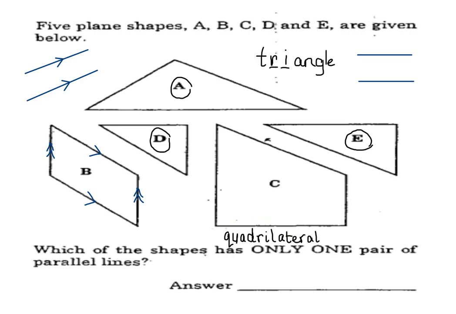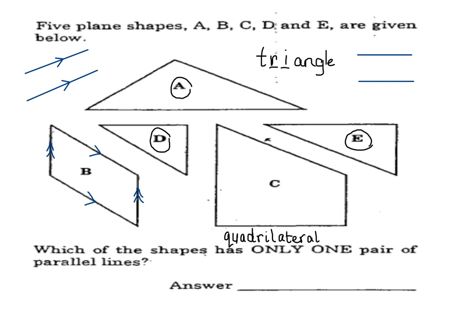To help make your inference about it, I want you to look at it. Do these two sides look like they're always the same distance apart? Or do they look like at some point in time, if we only made the shape a little bit longer, they would have touched? What do you think? Equidistant, right? Same distance apart, or not? And I want you to pay attention then to the other pair of sides.